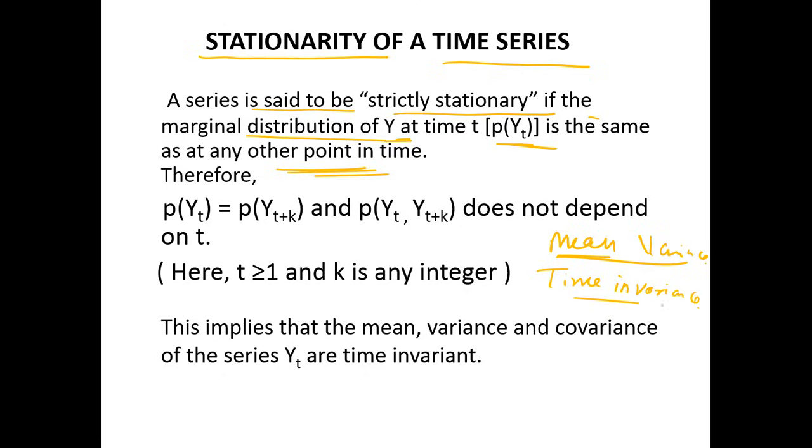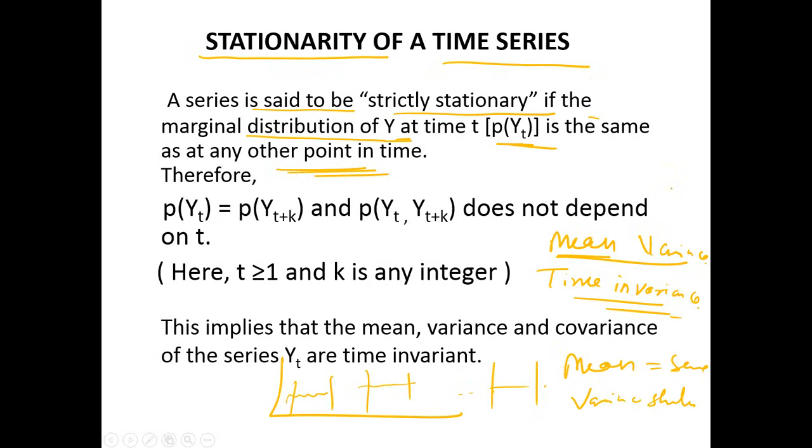That means they do not change over time. So if you take a series and you take a mean in this period, and then you take a mean in the next period, in another period with the same interval, the mean should be same. And also the variance should be same.